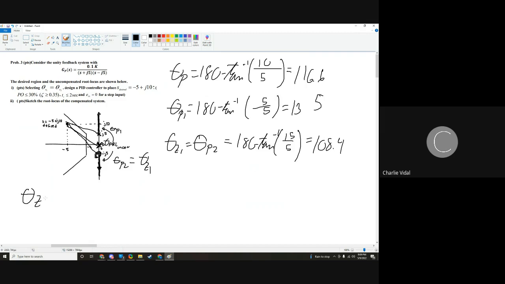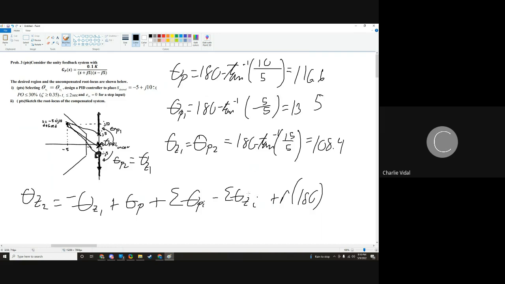Theta z2 is equal to negative theta z1. So this is a theta z1. Actually, let me just write the whole equation so I can tell you why it might be a little bit confusing. Theta p plus the sum of all theta p's minus the sum of all theta z's plus r times 180.